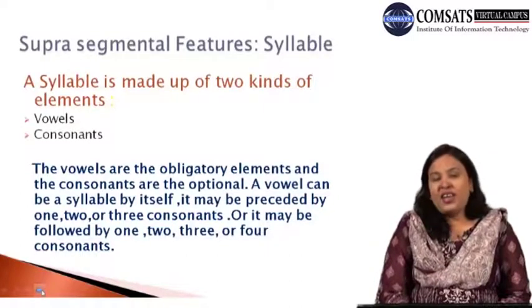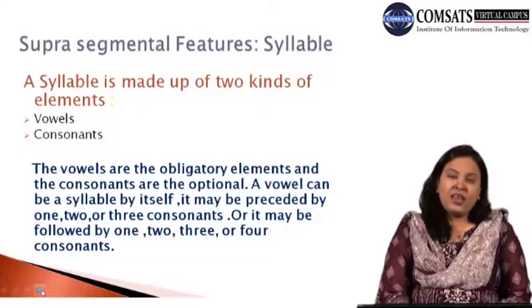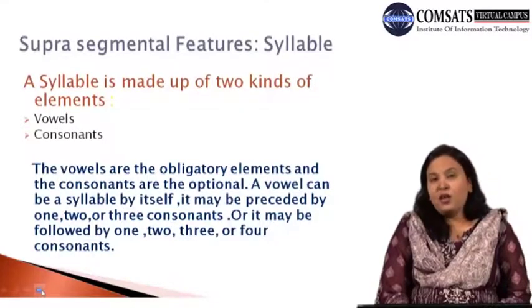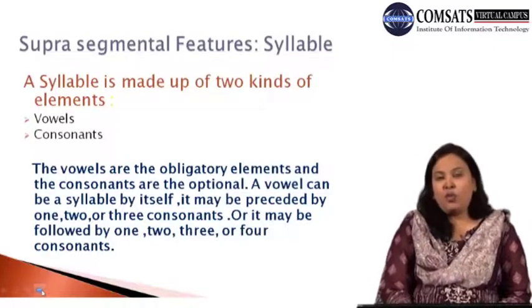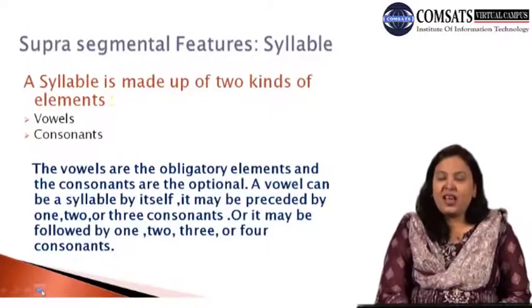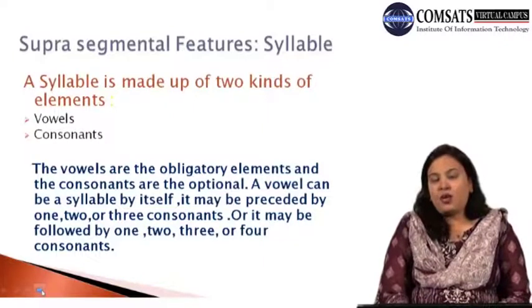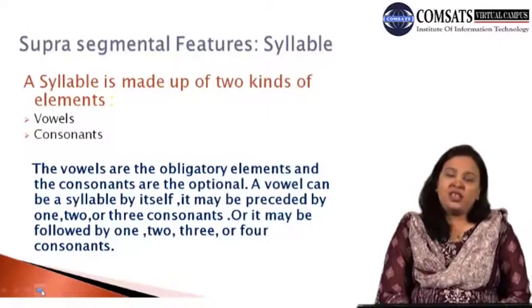Whereas the coda is once again sometimes optional, so once again it is a consonant. So a syllable is composed of vowels and consonants at three places: peak, onset and coda.